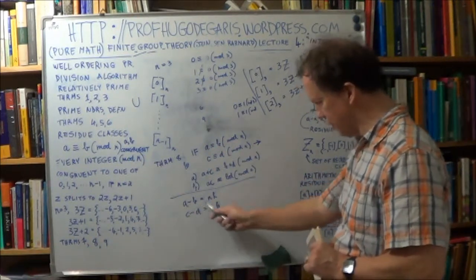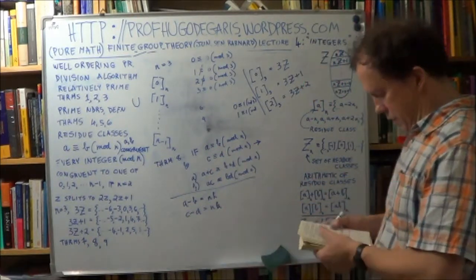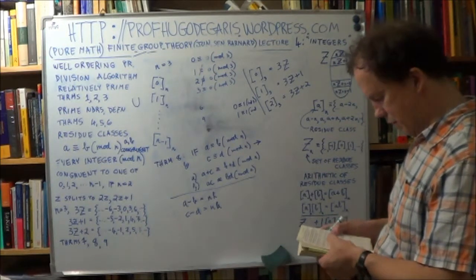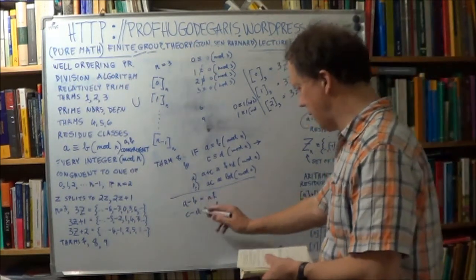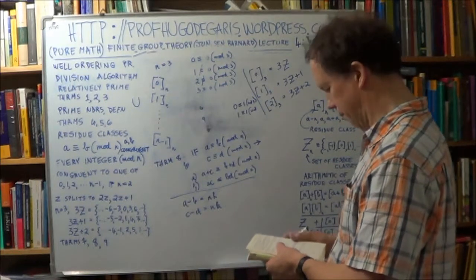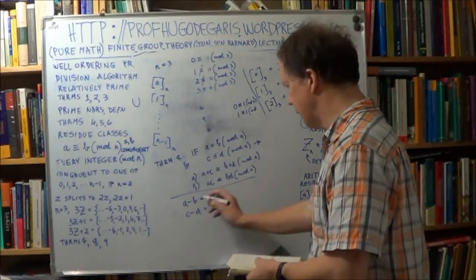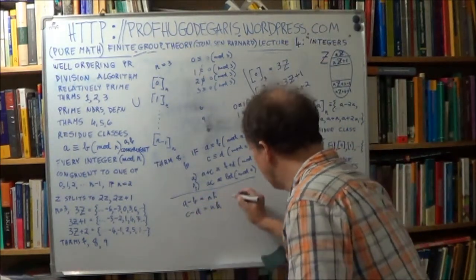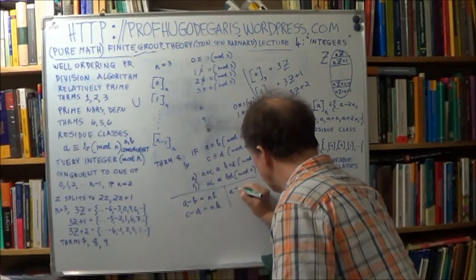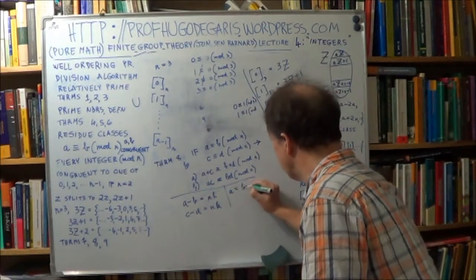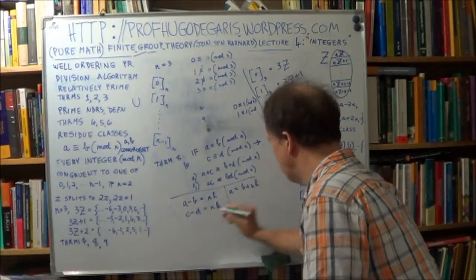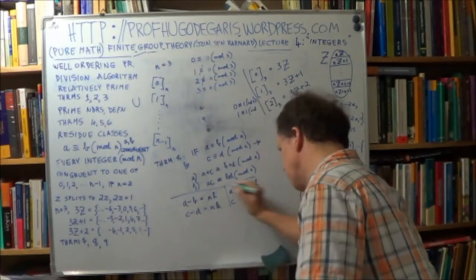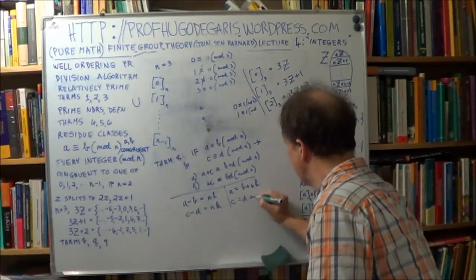So you've got this form. Well, let's add A and C. Taking the B over, you have B plus NH, and C here, taking the D over, is D plus NK.